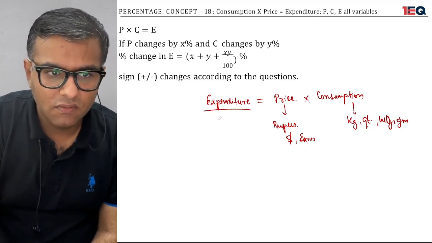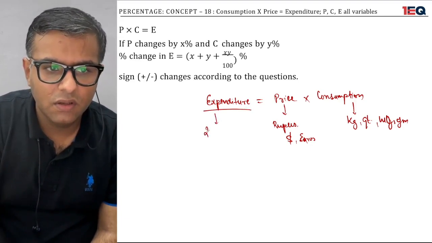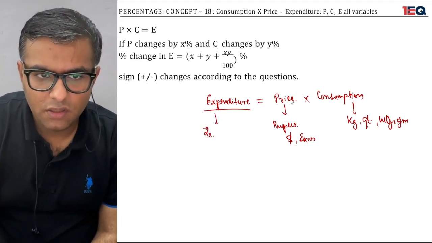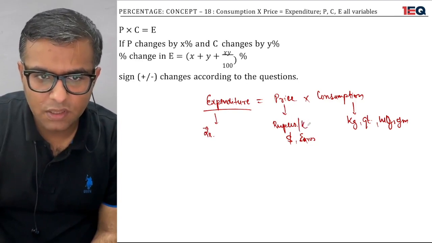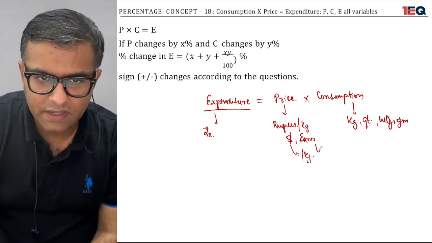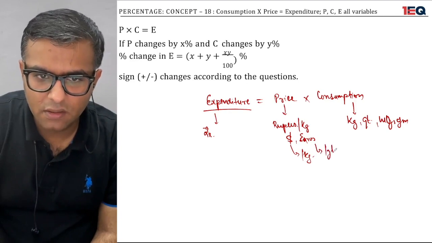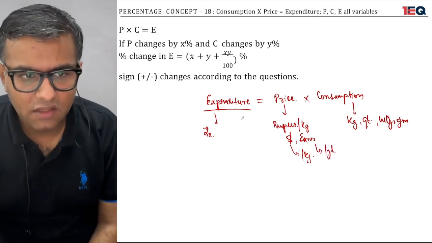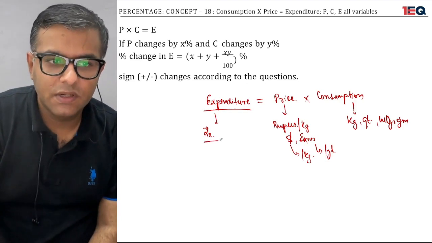And the expenditure would finally come out to be in rupees. The price would be rupees per kg, or dollars per kg, or dollars per gallon, or euros per gallon, anything, and the final output would come in expenditure.